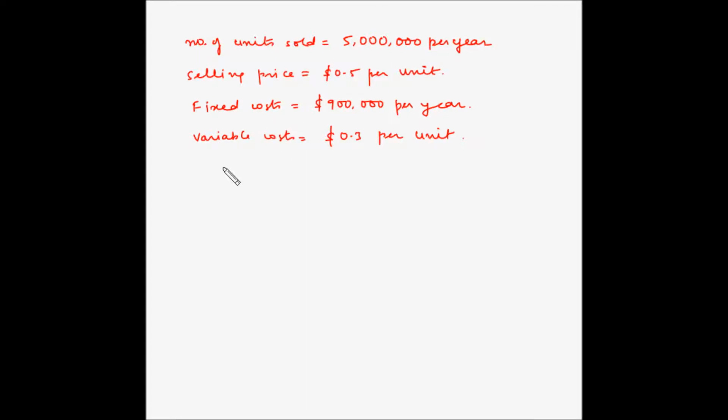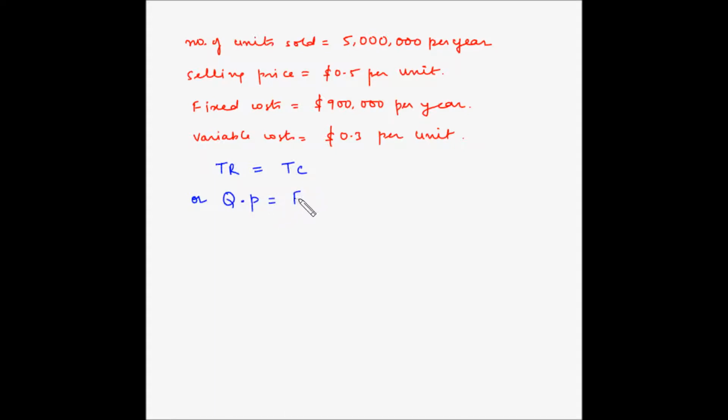Now we know that the break-even point is arrived when the total revenue is equal to the total cost. That means at a point of no profit and no loss. And the total revenue is the quantity at the break-even point multiplied by the unit selling price.